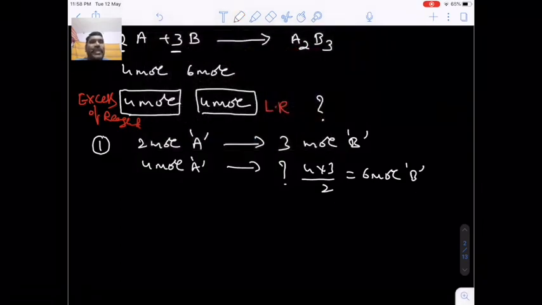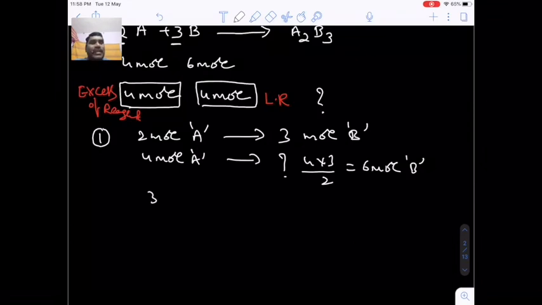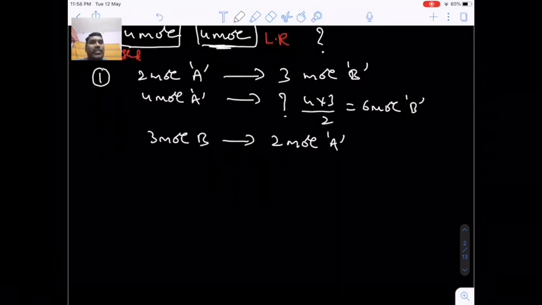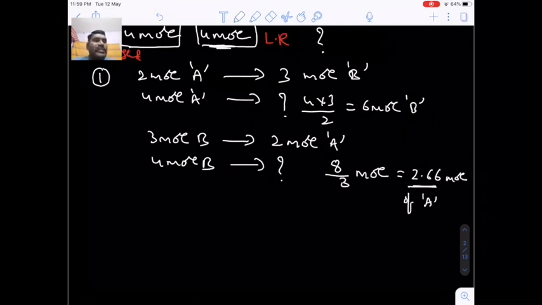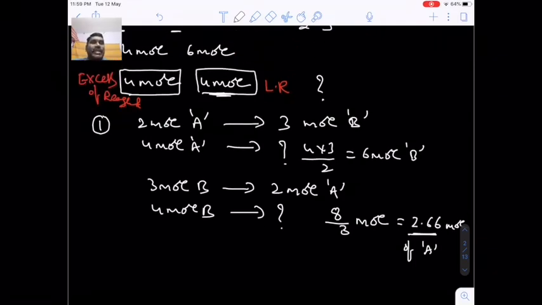Otherwise, you can compare B to A also. Let's suppose 3 moles of B combine with how many moles of A? 2 moles of A. Now in the given question, how many moles of B are given to you? 4 moles. 4 moles of B will combine with how many moles of A? 8 by 3 moles, that is 2.66 moles of A. But actually how many moles of A do you have in the given question? 4 moles.